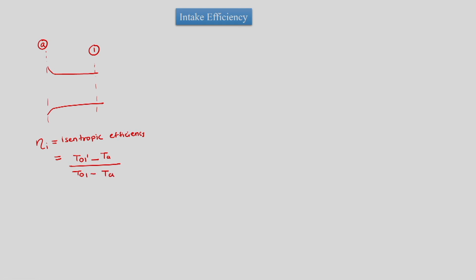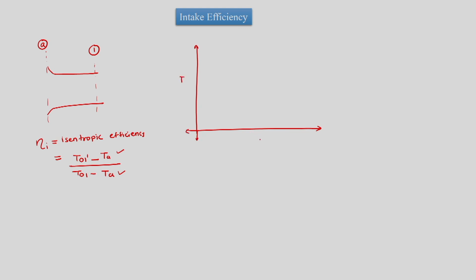So this is basically related with the conversion of kinetic energy into pressure rise in the ideal case, and this is the conversion of kinetic energy into pressure rise in the real case. So this is coming as the difference between total and static temperature in the ideal case and total and static temperature in the real case.